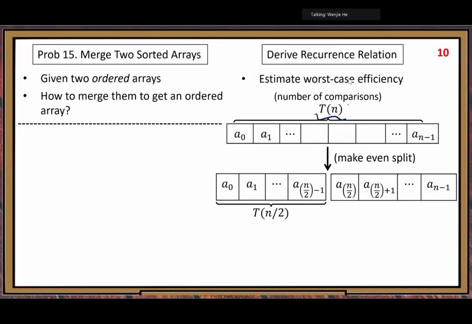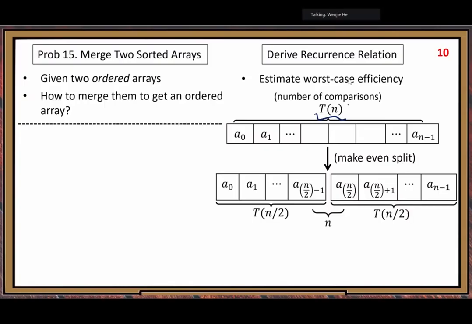Although it may not be an integer, it's close to an integer, so we just want a close estimate.